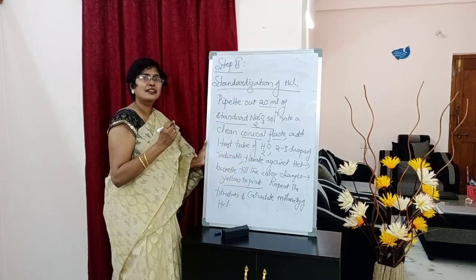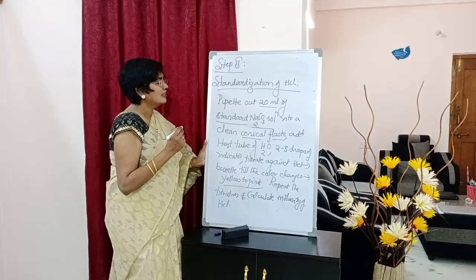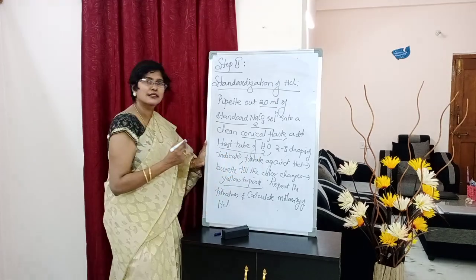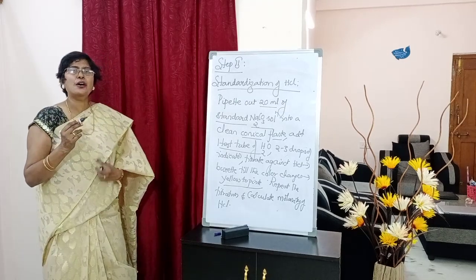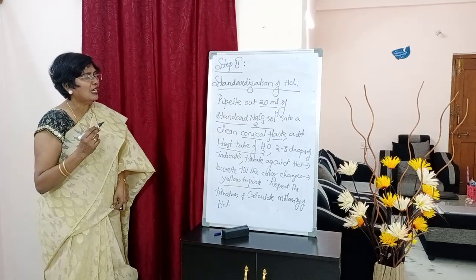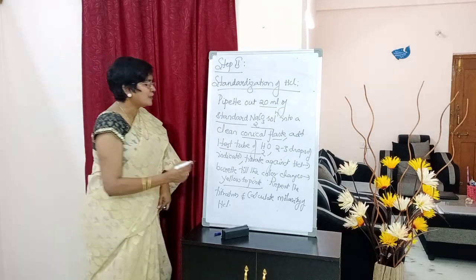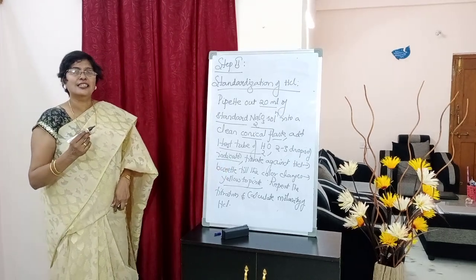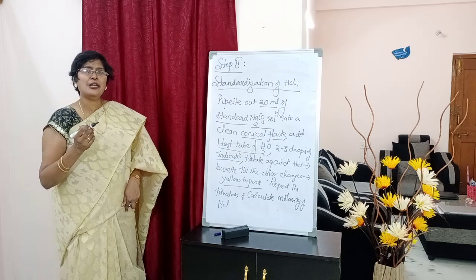In a clean conical flask, add 1 test tube of water, and 2 to 3 drops of indicator. You know the indicator used in this experiment?